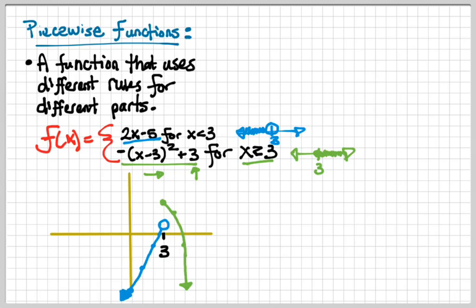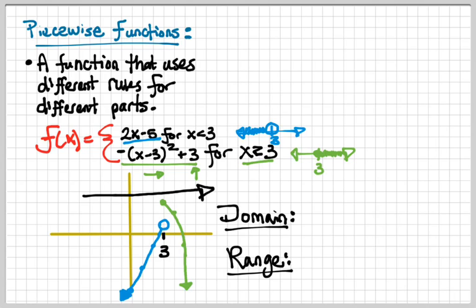After we graph it, we're going to do our domain and range. The domain and range is for the whole entire function f. So if we look at domain as we're moving from left to right, you will see that there is no break in the graph.